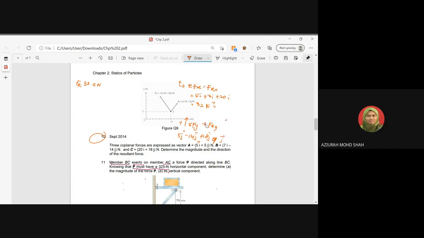Okay, then you do the same things that you have to do. Finding the magnitude is just the matter of you squared the x component plus the y component, then square root.